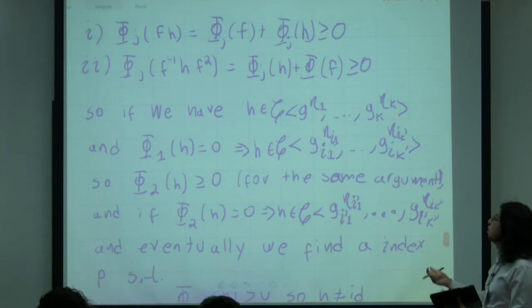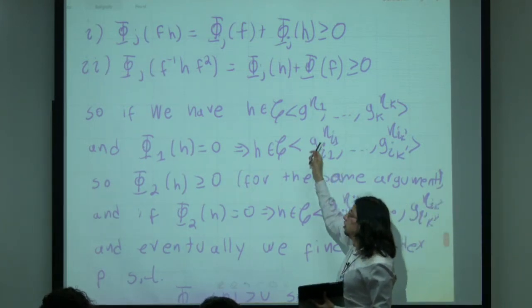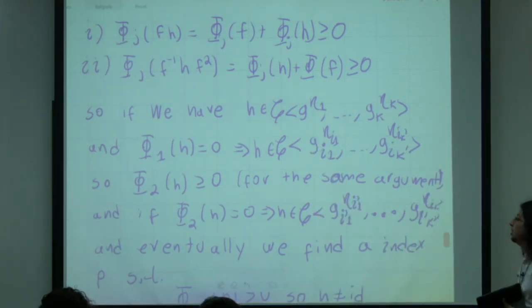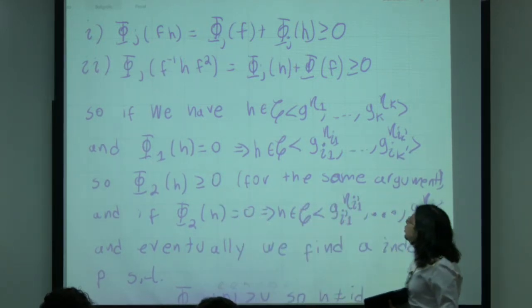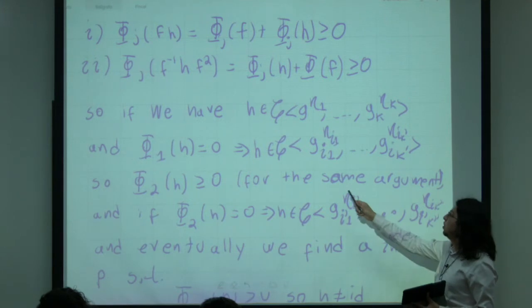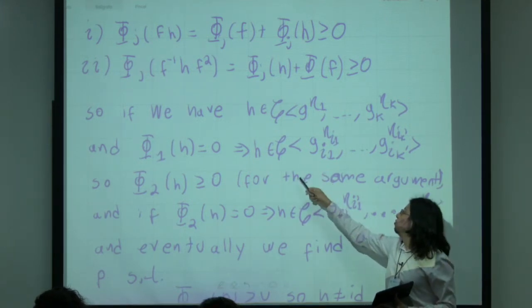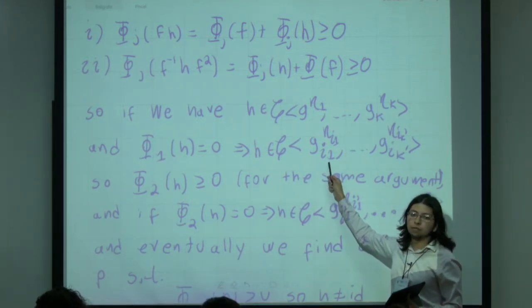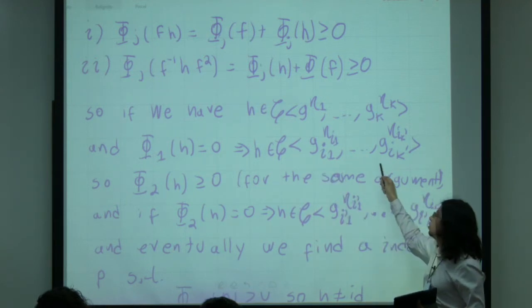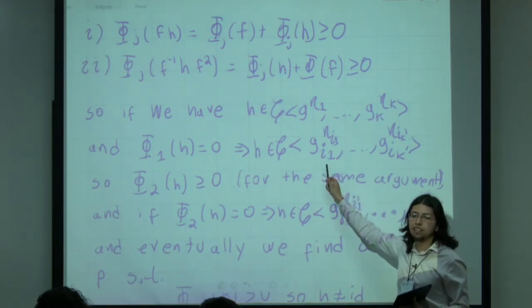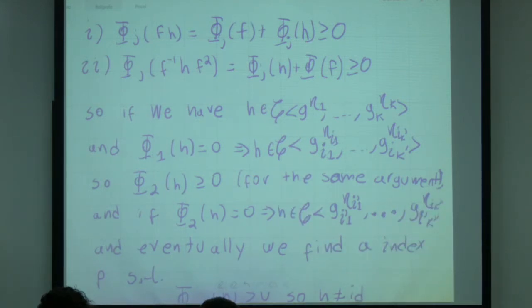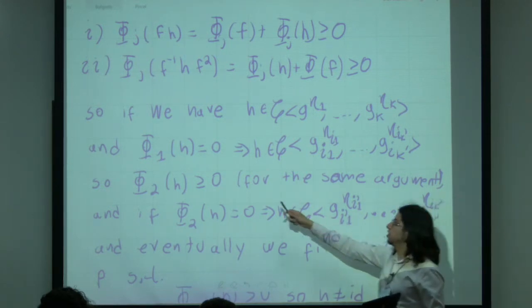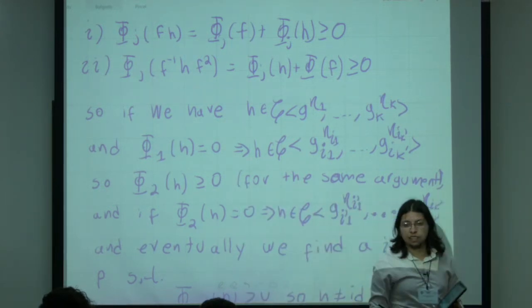So let's take any element in this weird semigroup. If phi1 of h is equal to 0, this implies that this h must be in the weird semigroup generated by the g's whose index is such that the first homomorphism sends them to 0, right? Because otherwise, phi1 of h is positive.